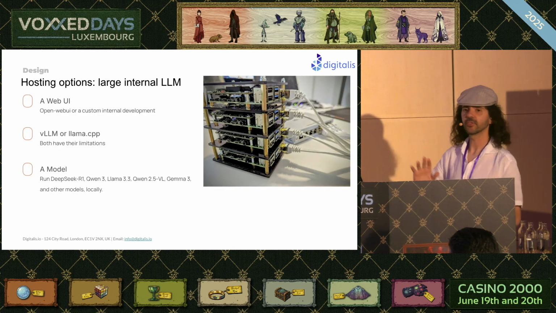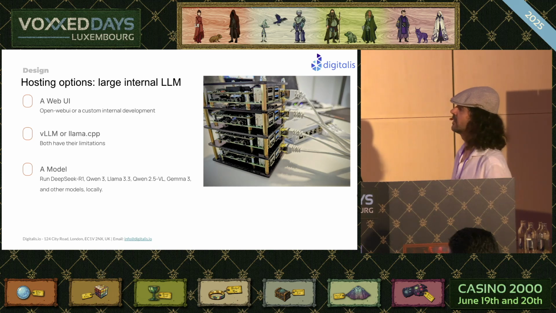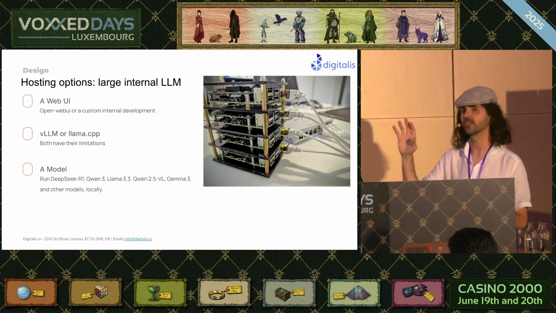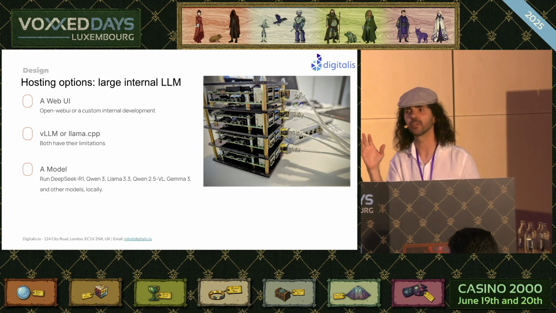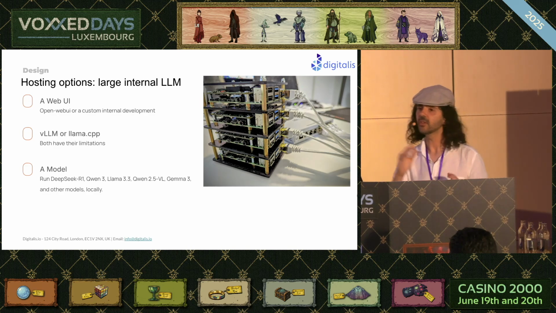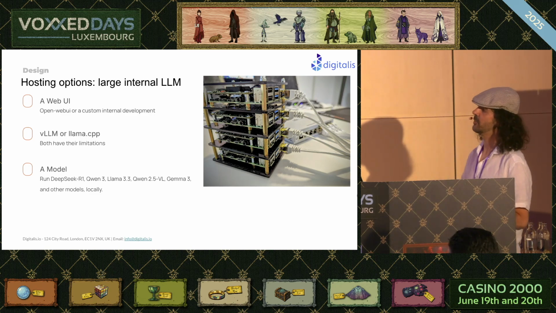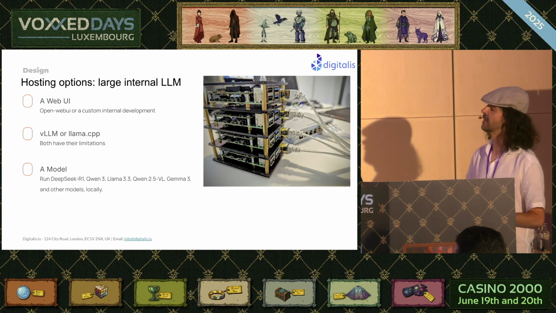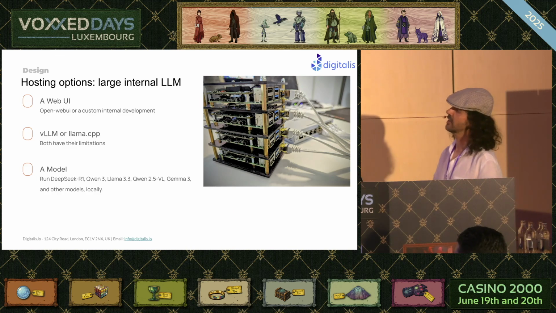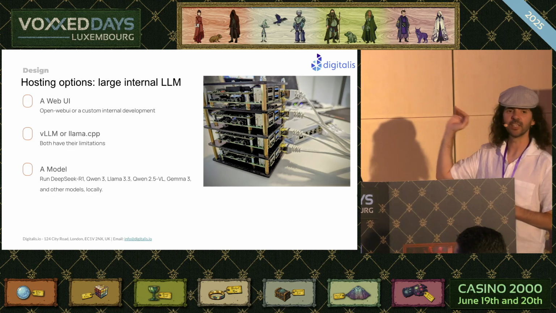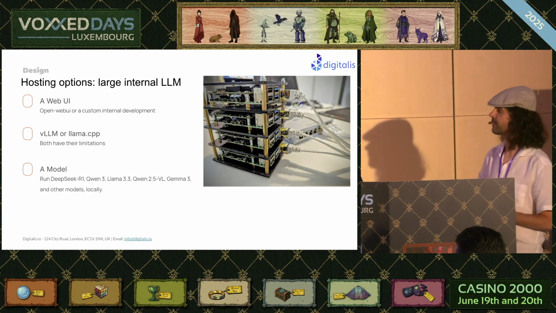This is not enough, so I'm going to expand a little further. The issue with Ollama is that it's not very well geared for large deployments. So once you have more than 2 or 3 users, you're going to struggle. So let's scale it up a little bit. We can still retain the Open Web UI, but instead of Ollama, we're going to be using either vLLM or llama.cpp.